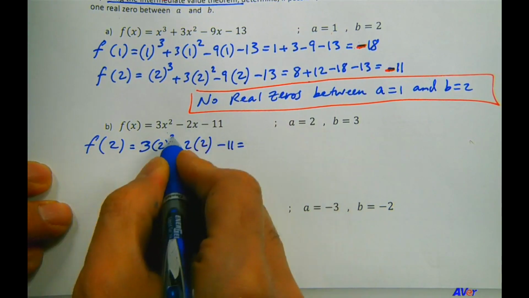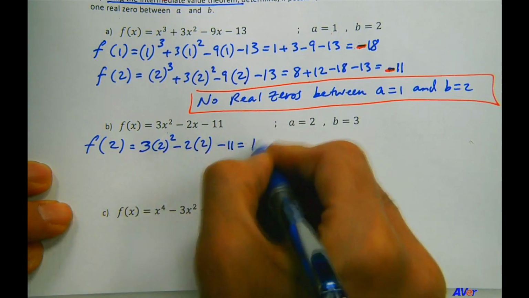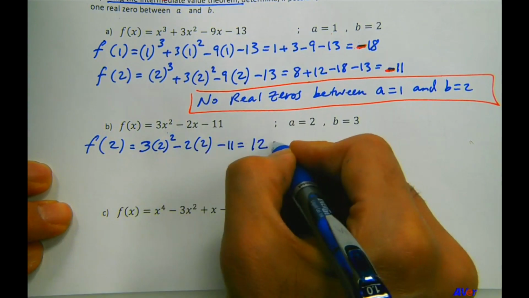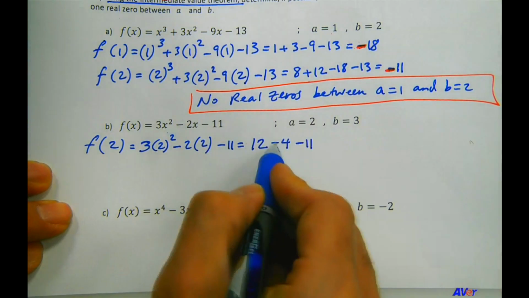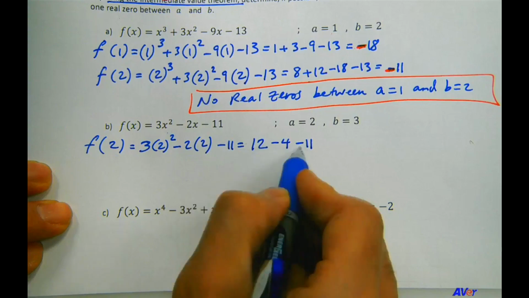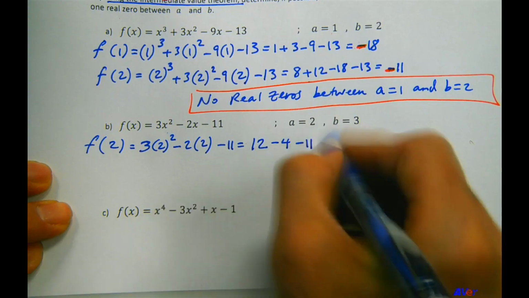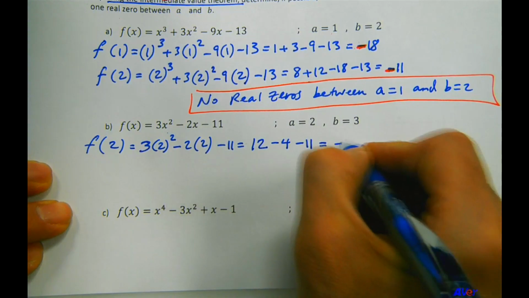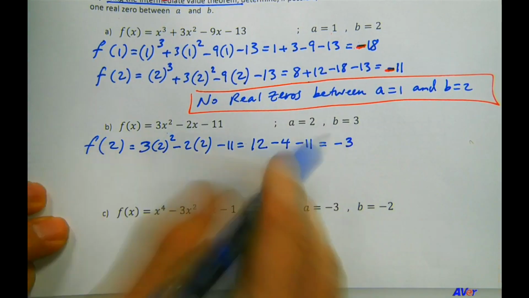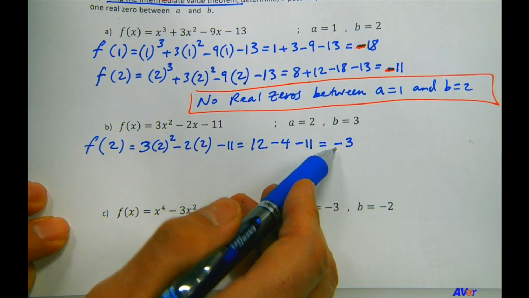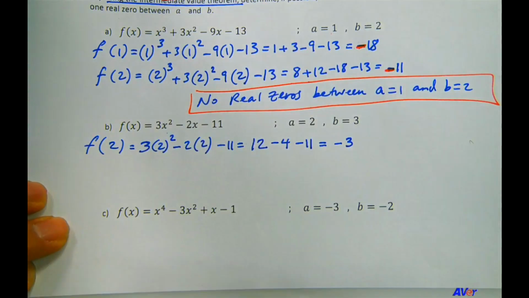So 2 squared is 4. 4 times 3 is 12. Minus 2 times 2 is minus 4, and minus 11. So we have minus 15, right? Minus 15 plus 12 is minus 3. So we start on the negative side of the y-axis, below the x-axis, so to speak.